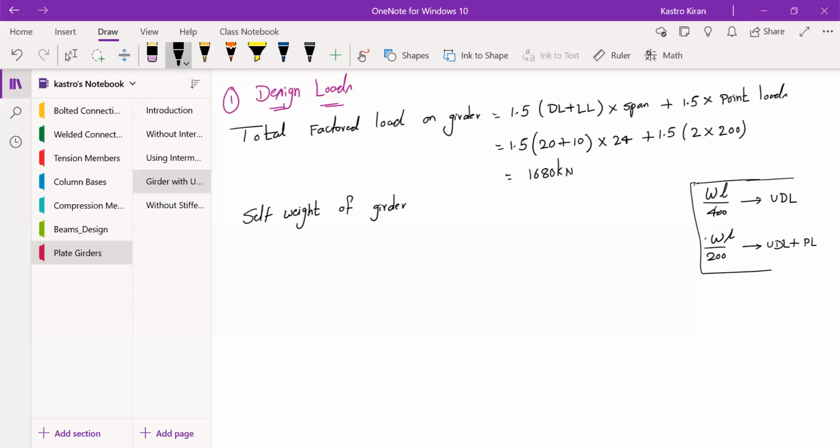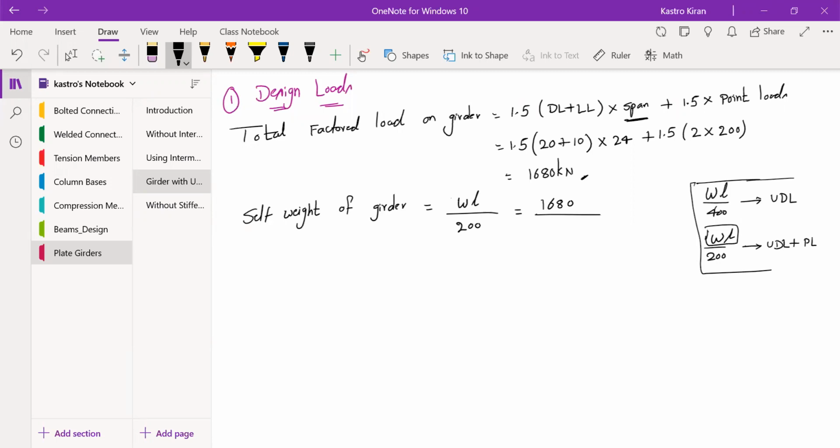So therefore, self weight of plate girder equals WL by 200. This WL is the total factored load, which is 1680. The entire term W into L is 1680 because we have already multiplied with the span here.